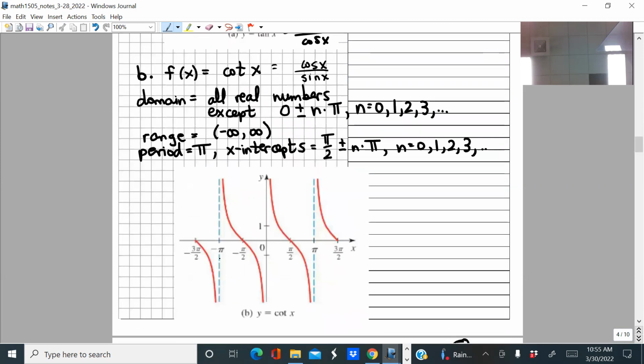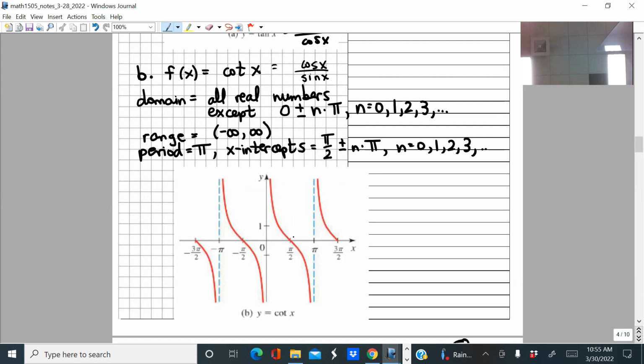So again, where do you have these breaks? You have these breaks in the graph wherever the sine is 0. Where is sine 0? At 0, pi, 2 pi, minus 2 pi. So the cotangent curve doesn't cross over those places on the x-axis. And where do you have x-intercepts?